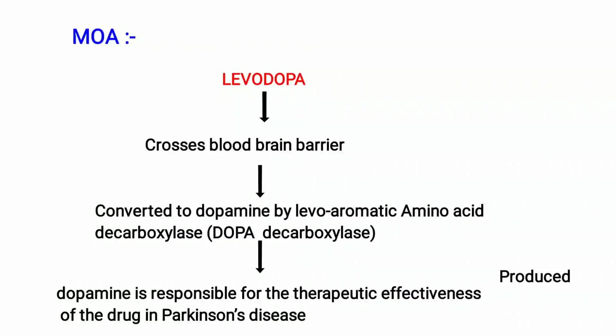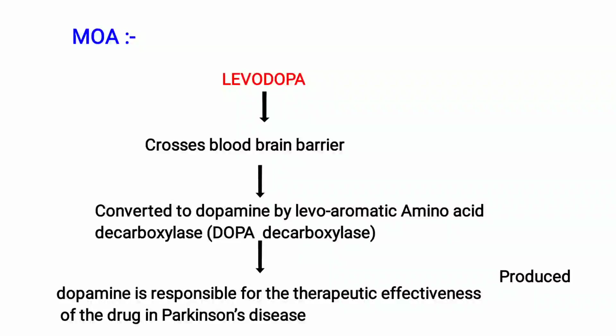Mechanism of action. In the brain, LEVODOPA is taken up by the dopaminergic terminals in the striatum and it is converted to dopamine by L-aromatic amino acid decarboxylase. Dopamine as such cannot be used since it does not enter the brain. Levodopa is itself largely inert.